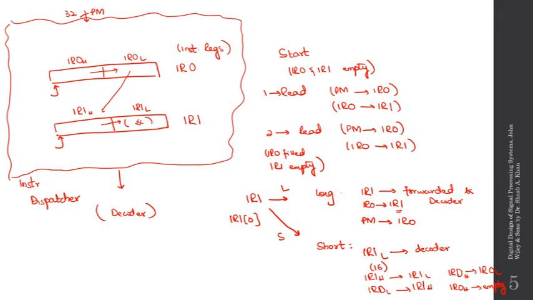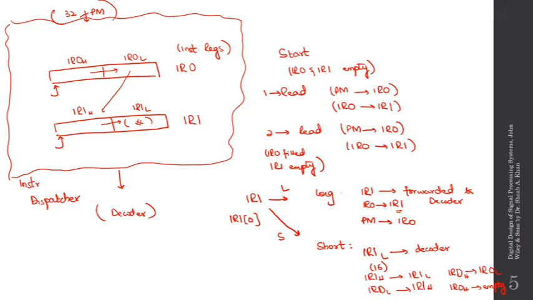A 32-bit data will always be fetched from the program memory, and as we don't have 32 bits available in IR0 or IR1, we cannot save this instruction. That means no read from the program memory will take place when a single short instruction has arrived.